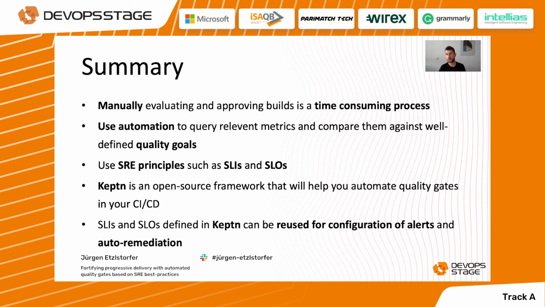It might be a prerequisite for everything else you do, but I would suggest to use automation to really query the relevant metrics and compare them to well-defined quality goals. And these quality goals can be defined in different ways, but we have seen that using SRE principles is a very mature way to do this.